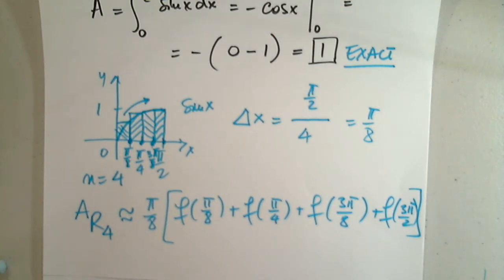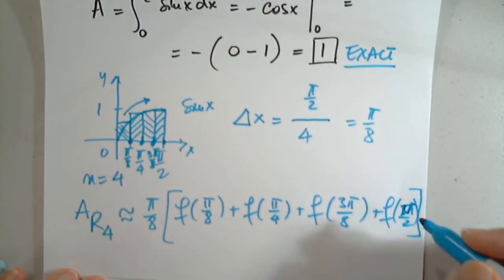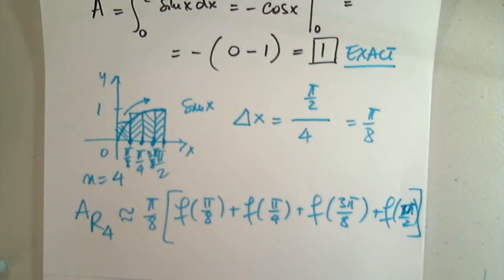I want 3 pi over 8. Although we don't need parentheses, I prefer it. And the last one is not 3 pi over 2, it's just pi over 2, of course. Pi over 2 is the last one. Pi divided by 2.